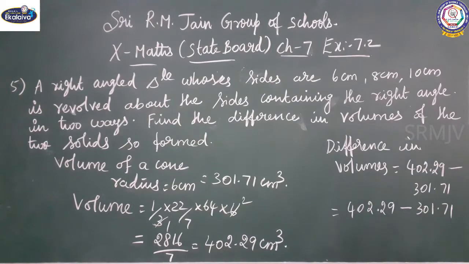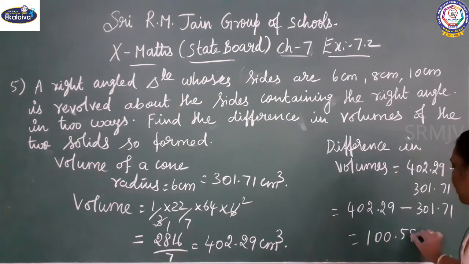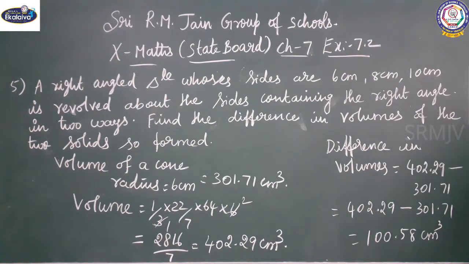We subtract, what is the answer? 100.58 centimeter cube. The difference in volumes is 100.58 centimeter cube.